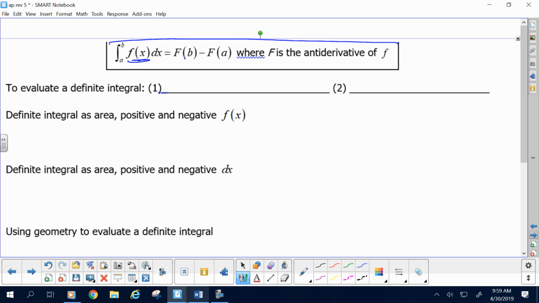You first need the antiderivative. Then you evaluate it at the upper limit minus the lower limit. Okay, you need the antiderivative. Sometimes people get confused and they don't actually even integrate.